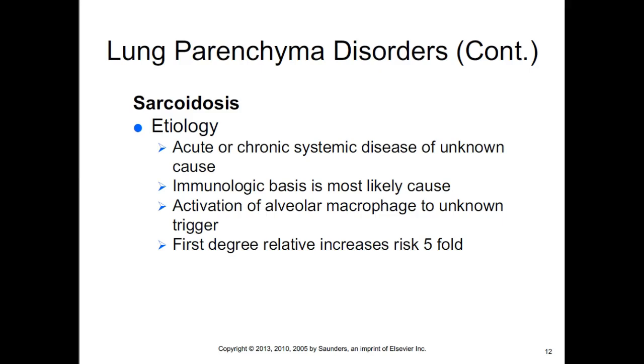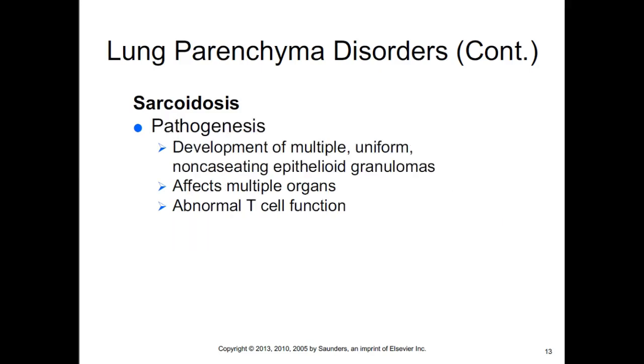So usually some sort of disease that we don't know of can cause sarcoidosis. Immunologic is probably the most likely cause, and so activation of alveolar macrophages to some unknown trigger. And then if there's a first degree relative with sarcoidosis, you'll see an increase in the risk. All right, pathogenesis, right?